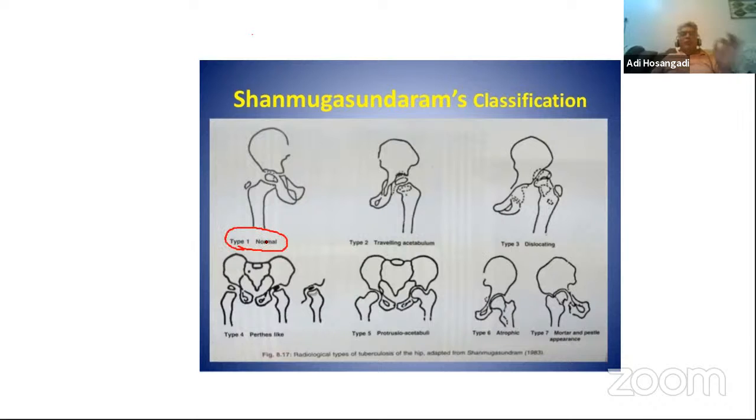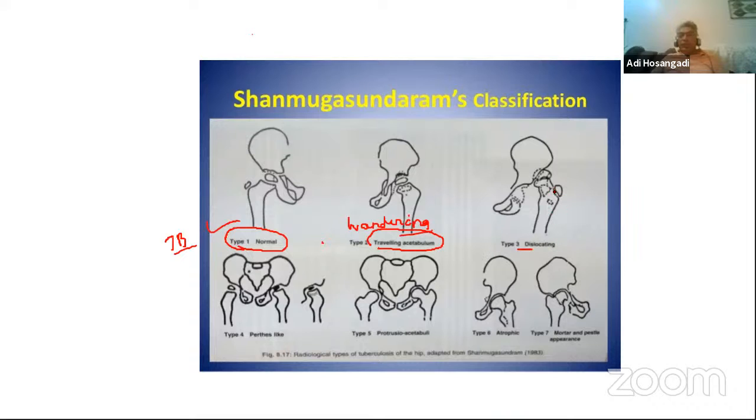By this, we mean the X-ray of the pelvis with both hips can be normal even if the patient has tuberculosis. That is also one type. Then comes your traveling acetabulum or wandering acetabulum. I will explain that in a minute, but please remember the types.